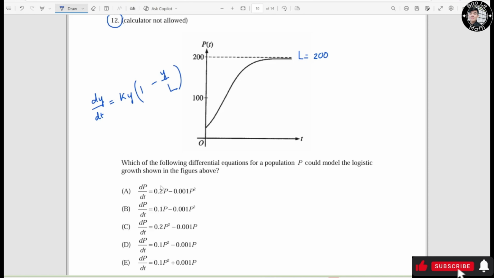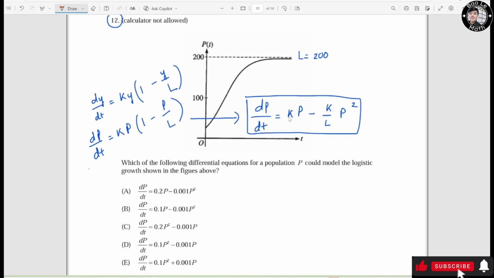Here y is P, so dP/dt = kP times (1 minus P over L). Expanding, dP/dt = kP minus (k over L) times P squared.